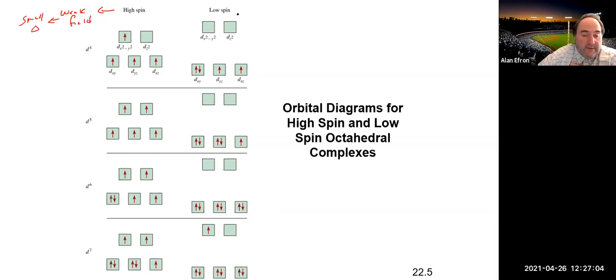Over here's our low spin, which basically means that it is typically strong field. We're going to pair up everybody first, usually a larger delta happening. And on the left-hand side, we have a lot more unpaired electrons. Right-hand side, not as many unpaired electrons, giving us that distinction between low spin and high spin.